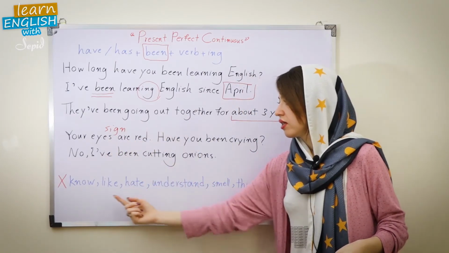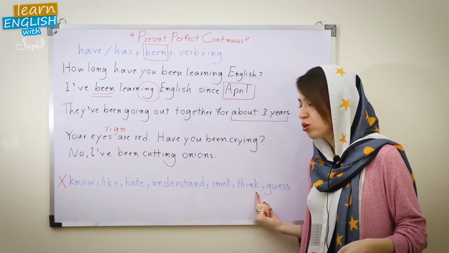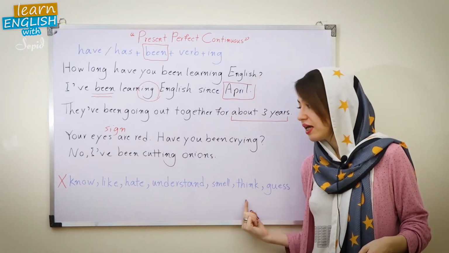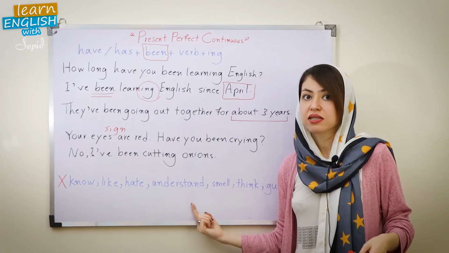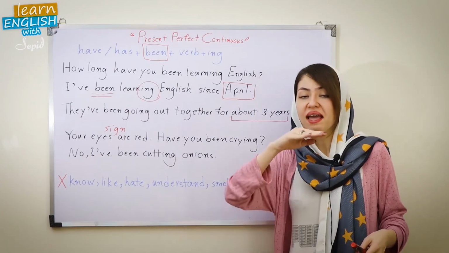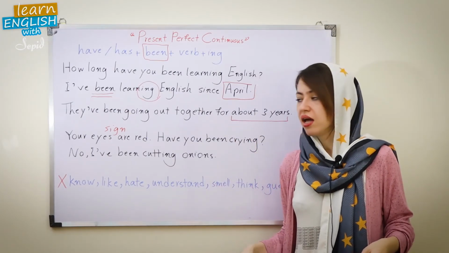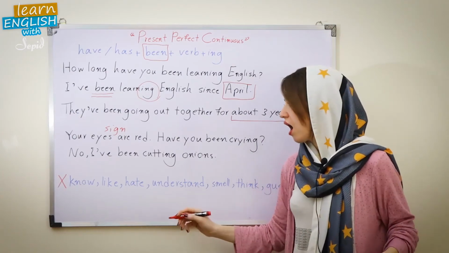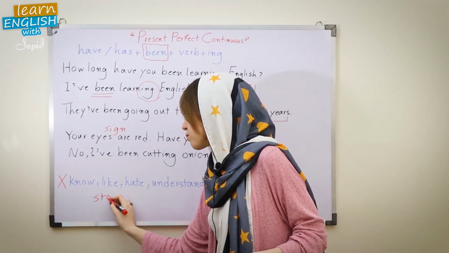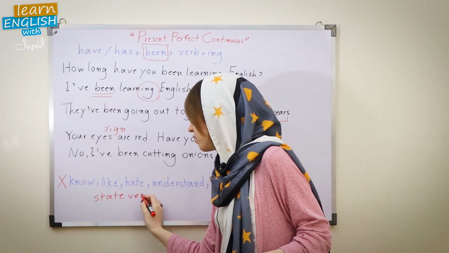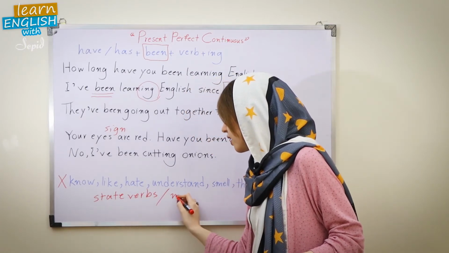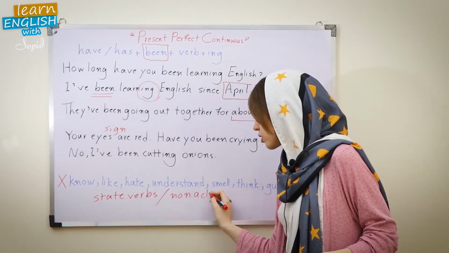Let's go to the verbs that cannot be used normally in present perfect continuous or any continuous forms. So these verbs are called state verbs or non-action verbs.